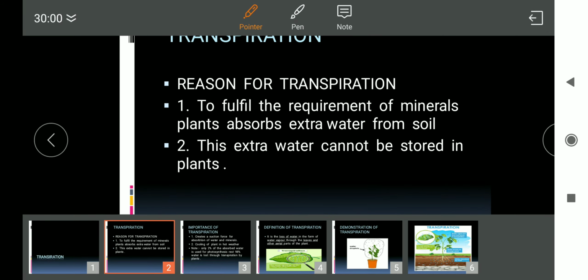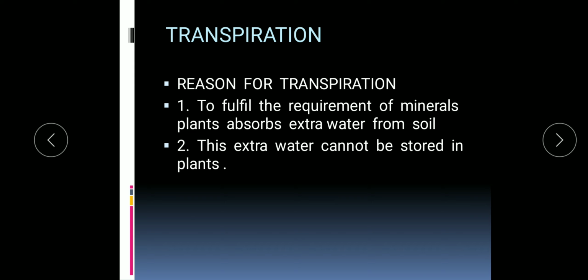The plant has to absorb minerals from the soil, and to absorb these minerals the plant absorbs an extra amount of water, and this extra amount of water cannot be stored in the plant because the level of organization in plant is the tissue level, so they don't have any storage organ for storage of extra water. So that is why this extra water must be lost by the plants through the process of transpiration. Okay.